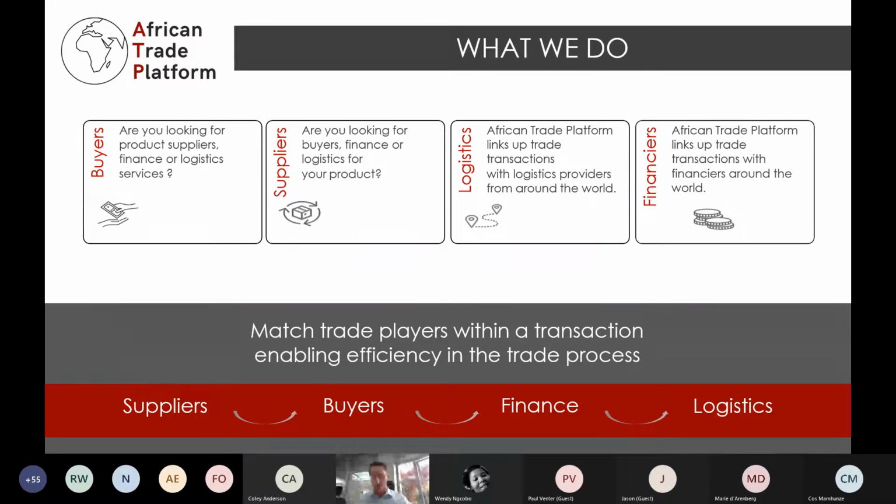And then we've got certain triggers or milestones that need to be met by the seller, whereby we'll pay out as the transaction goes, protecting the buyer as well as protecting the seller from non-payments from the buyer. So from a trade transactions perspective, we're holding the hands of both parties to make sure that there's a smooth transaction that takes place. If you could move to the next slide, please.